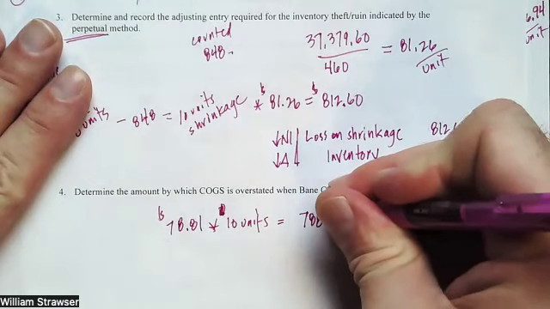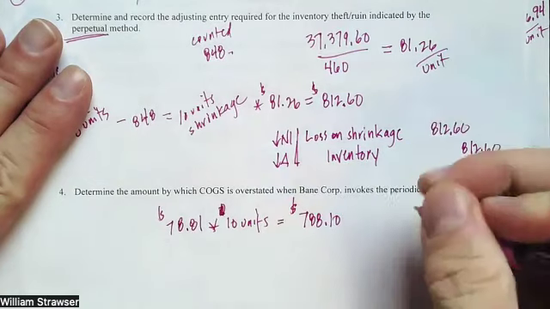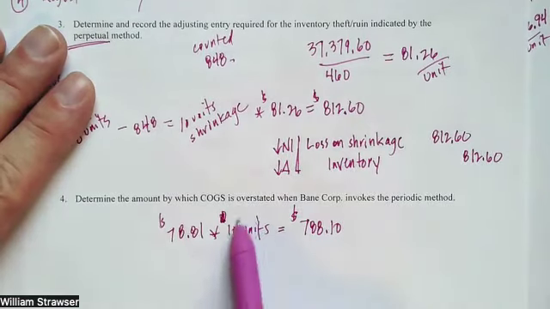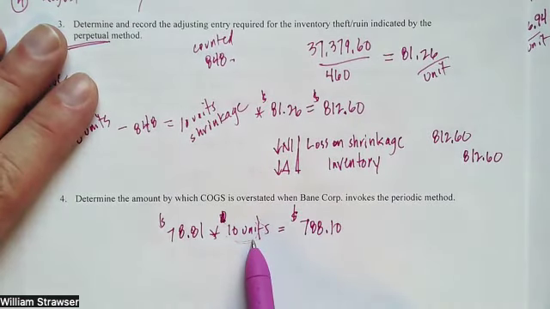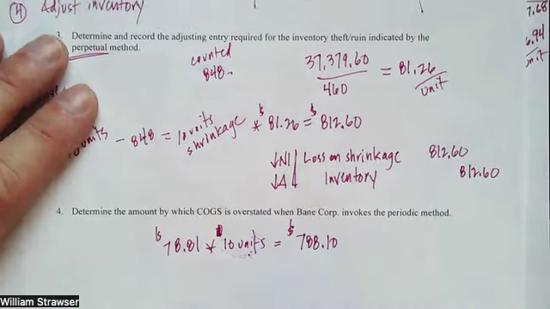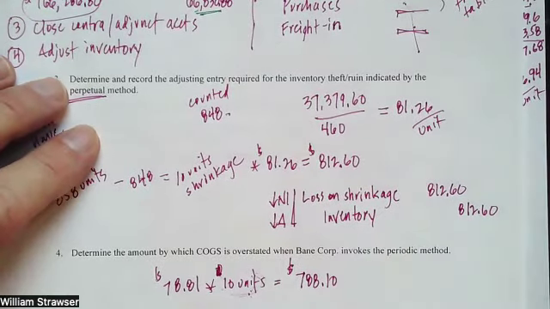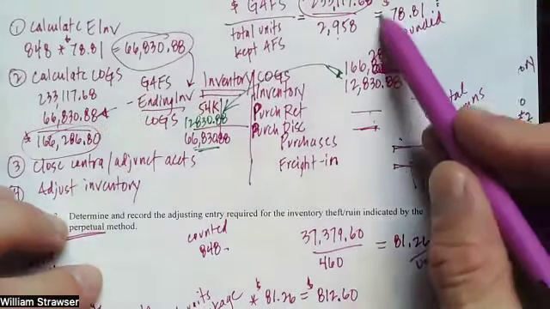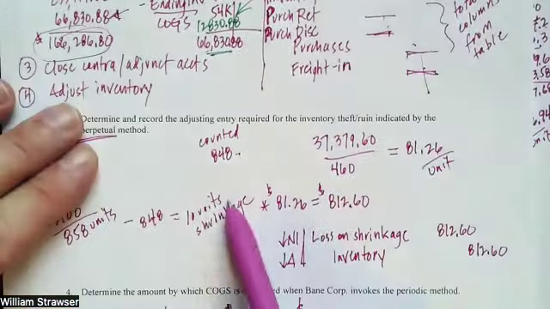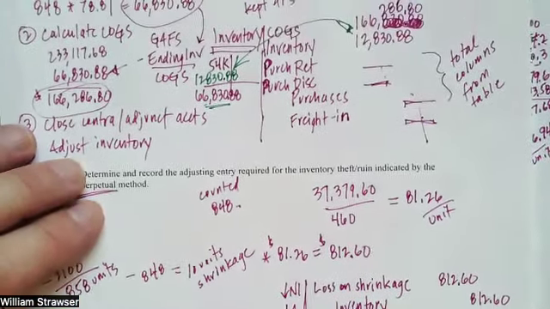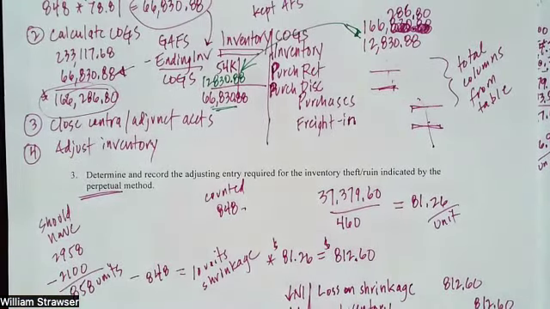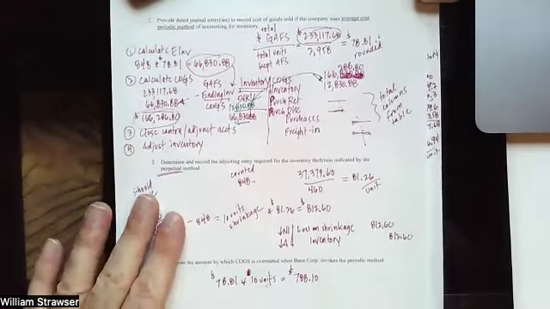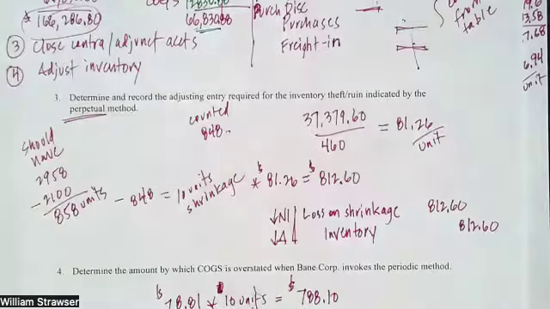It was overstated by $788.10 because I had assumed by the periodic method that these units were sold rather than lost, stolen, ruined. And I got that price point here and I got the unit shrinkage there. So that is how to work one of these problems.